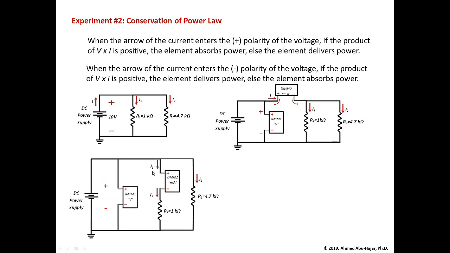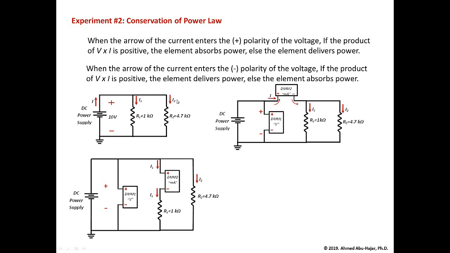So the resistor from the top here is broken, and then I connect the DMM from the circuit from the top to the resistor, so that the current going through this resistor will go through the DMM, leave the DMM, and come into the resistor, and the current must enter the plus polarity. This way you will measure I1, which is the current through R1. And keep in mind that the arrow enters the plus polarity as I just said.